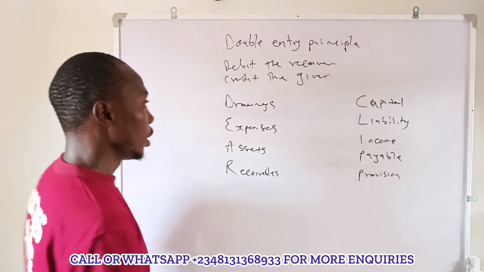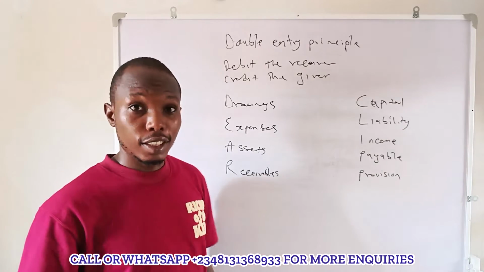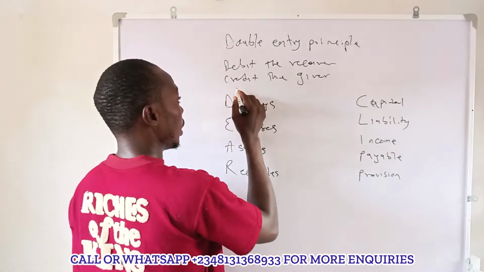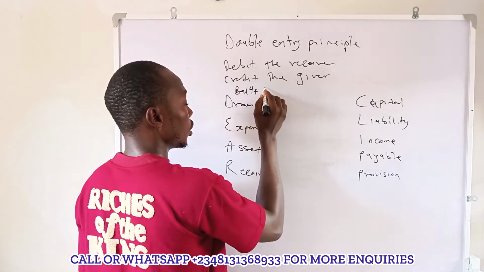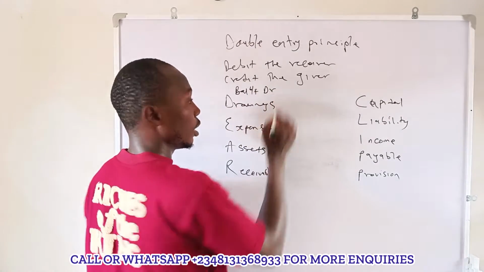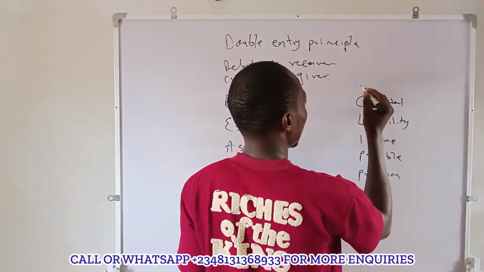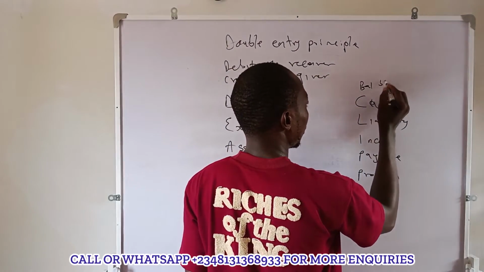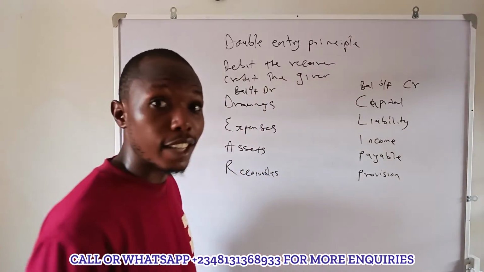DEAR CLIP. Now for the DEAR, these are the debit entries. So their balance brought forward is always at the debit. But for the CLIP, their balance brought forward is at the credit side.